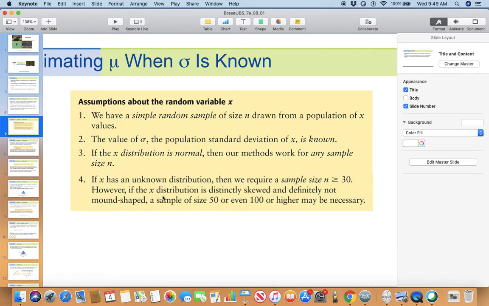However, if the x distribution is distinctly skewed and definitely not mound shaped, you need a sample size of 50 or even 100, or higher may be necessary.